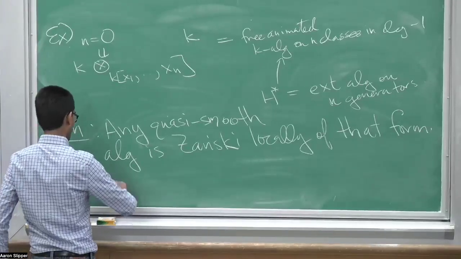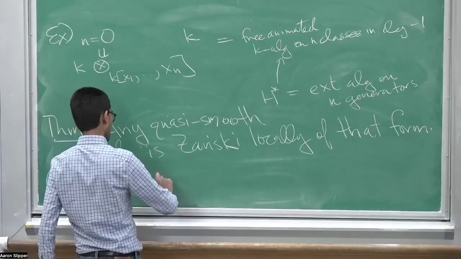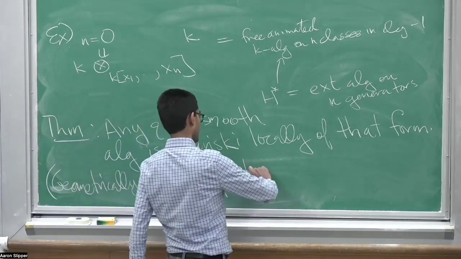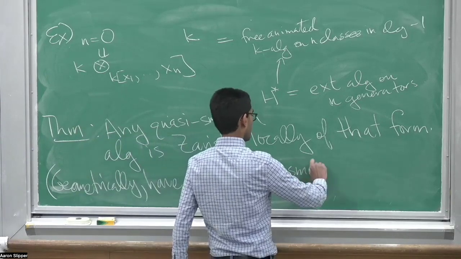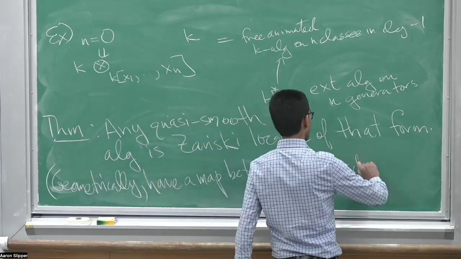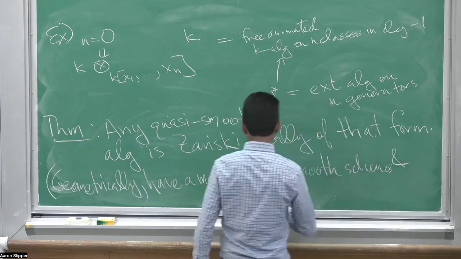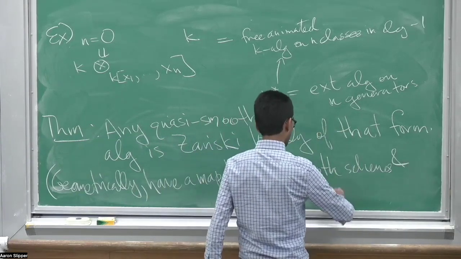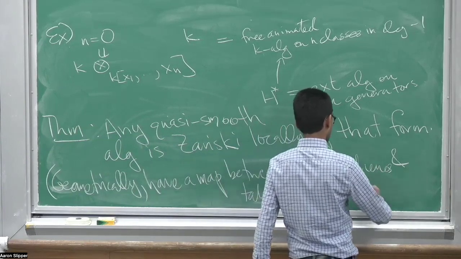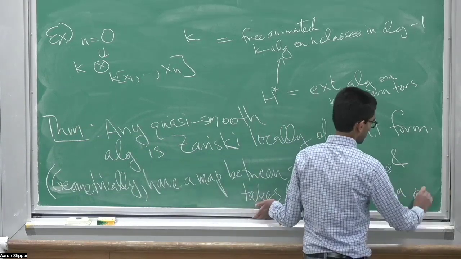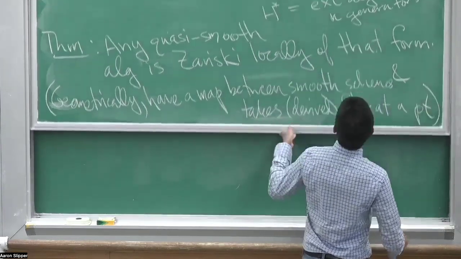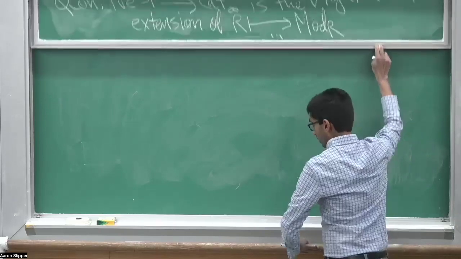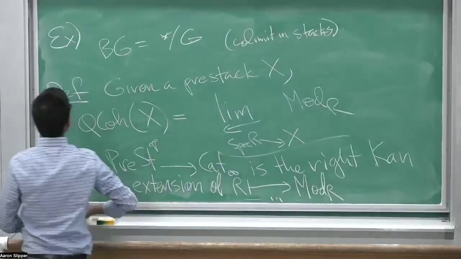Geometrically, one has a map of smooth schemes, and one takes the derived fiber over a point.